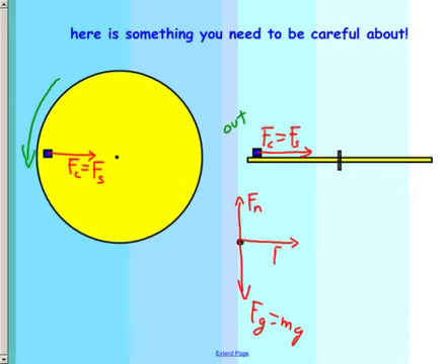Here we go. Centripetal force. Okay? Force of friction. Notice something. The forces are not going to balance. In the x direction, in the crossways direction, the only force acting on this is the centripetal force. All right? So it looks like the box should fly off towards the right.